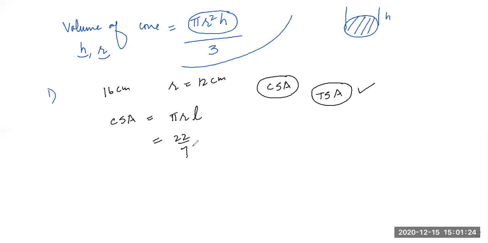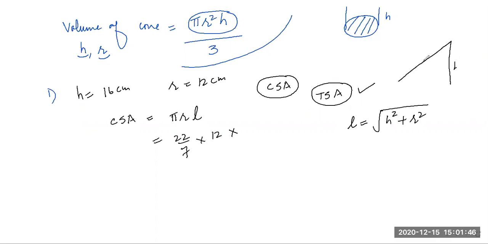So it is 22 by 7 into r, which is 12, into L. L is not given. No, we have to find it; this is h, the height of the cone is given. So I know how to find out L. L is equal to the square root of h square plus r square, because L is like a hypotenuse.